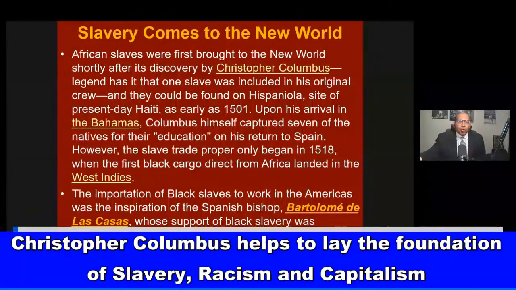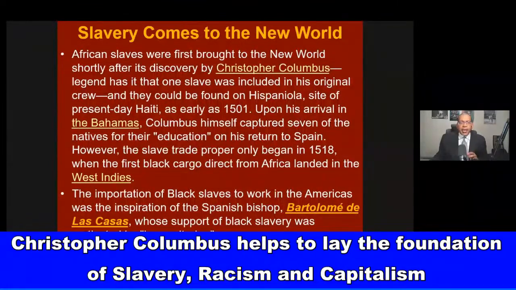Now, slavery comes to the New World. African slaves were first brought to the New World shortly after the discovery by Christopher Columbus of the so-called New World. Legend has it that one slave was included in his original crew and that they could be found on Hispaniola, the site of present-day Haiti, as early as 1501.